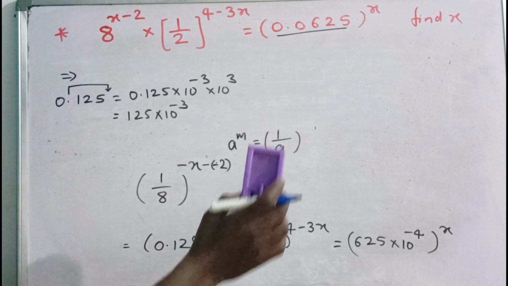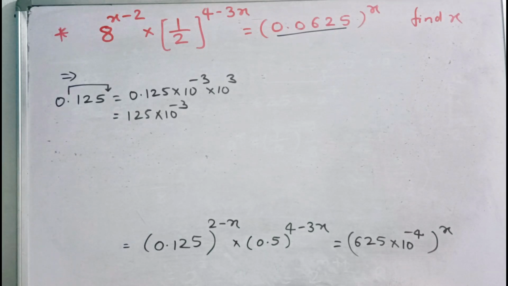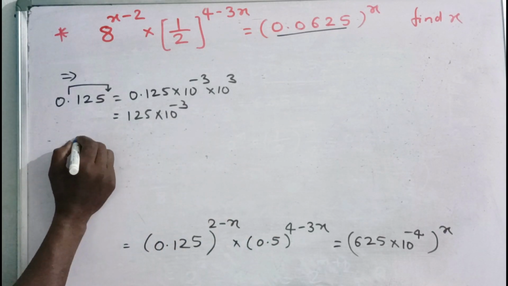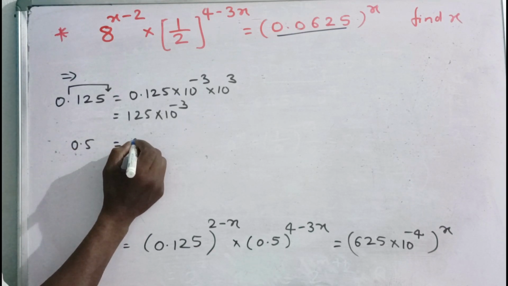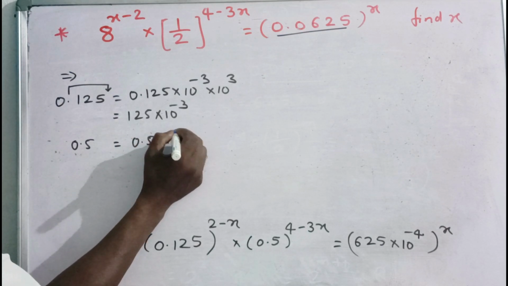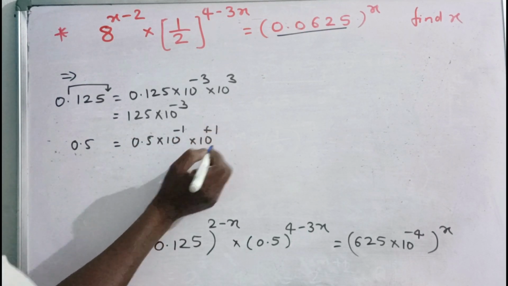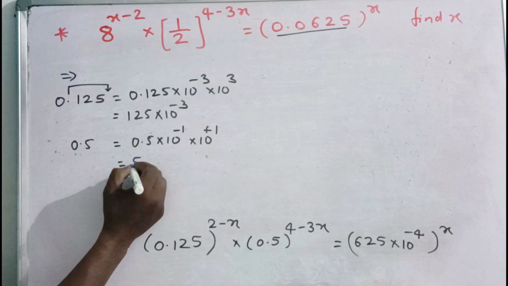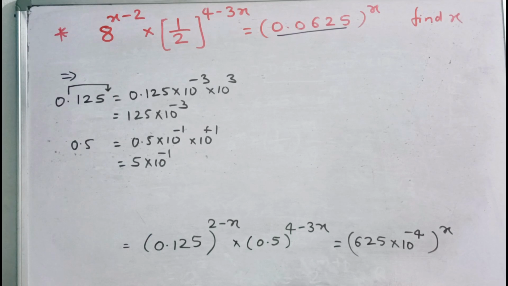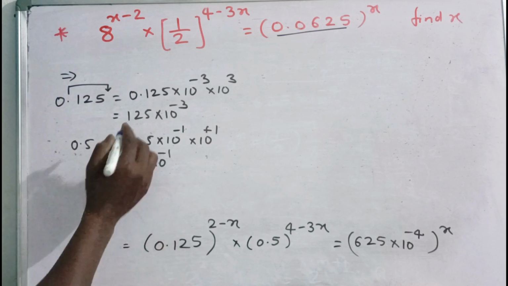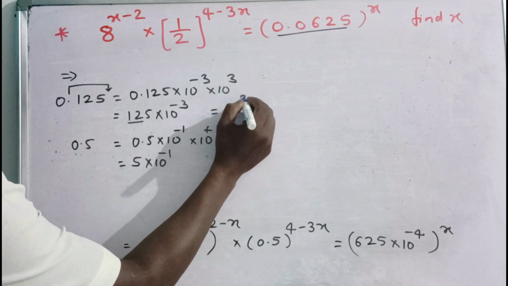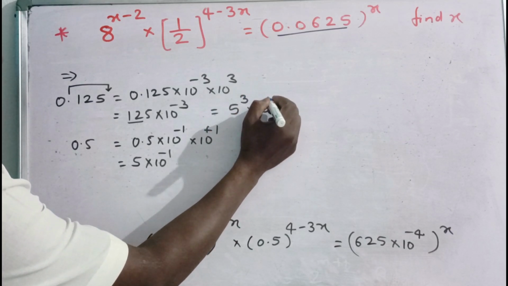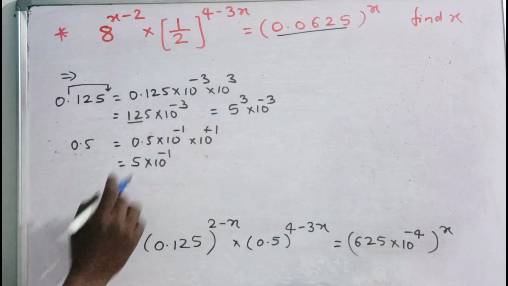Same we can do here. 0.5, डिजिट एक से ही शिफ्ट करना है, तो 0.5 into 10 to the power minus 1 into 10 to the power plus 1, multiplication of these two 5 into 10 to the power minus 1. अभी ये वैल्यूज हमें सबकी जगह पर पुट करना है। 125 मतलब क्या है? 5 क्यूब, 5 to the power 3, minus 3 we can write instead of this.